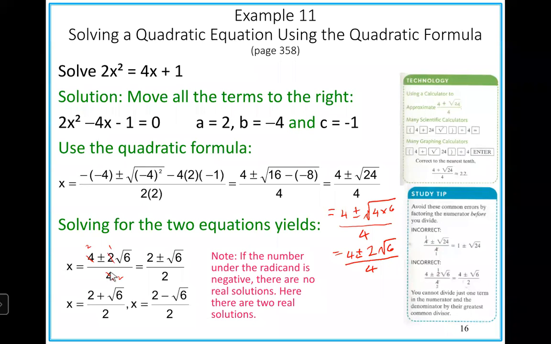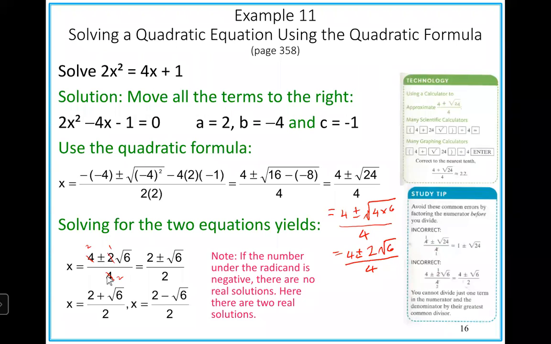So if you cancel, you could cancel this and that and this and that. You cancel the 2 in front of it. This is 2 times square root 6, and then you cancel with the 4. So you have to cancel straight across. You can't just cancel a portion of it. And that's what they're trying to explain right here.